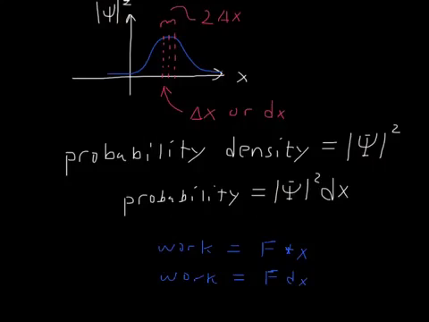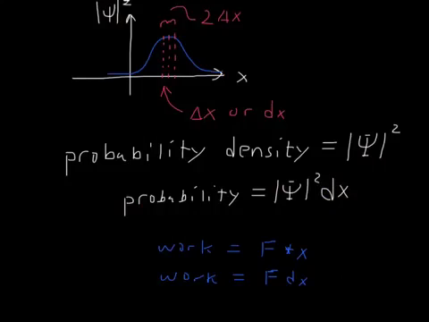In the same sense, what we'll be doing is taking the wave function squared, multiplying it by distance to get the probability of finding a particle in that small region of space, and then we add up all those probabilities to get the total probability. So, in a sense, this word probability right here should be an infinitesimal probability, because I'm multiplying my density by an infinitesimal distance.